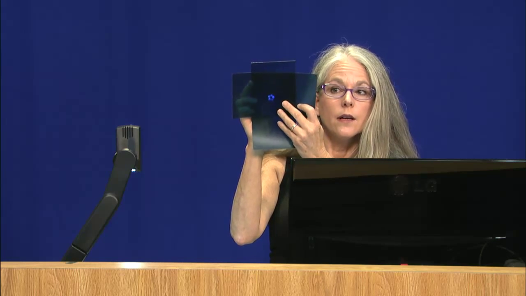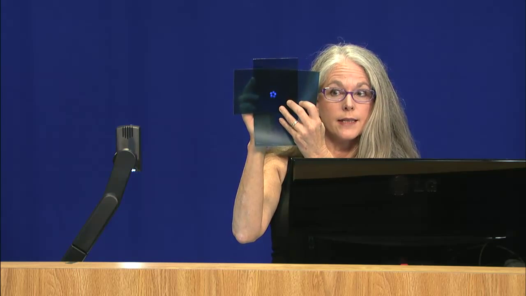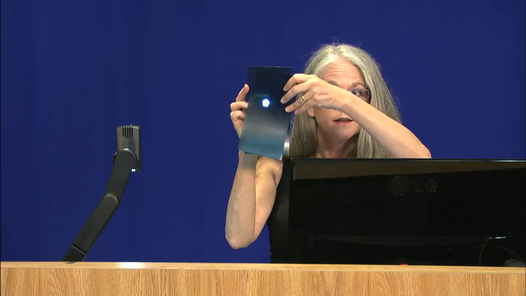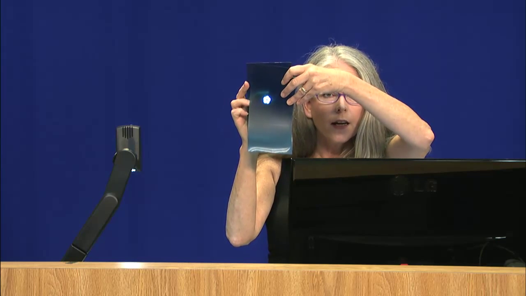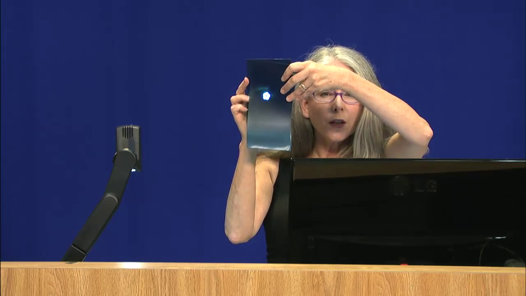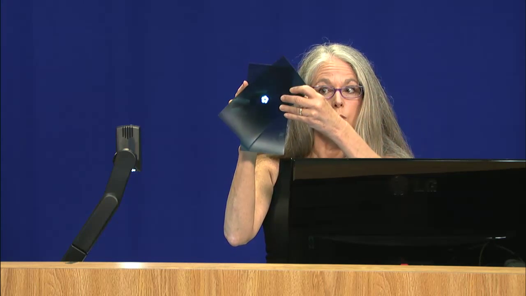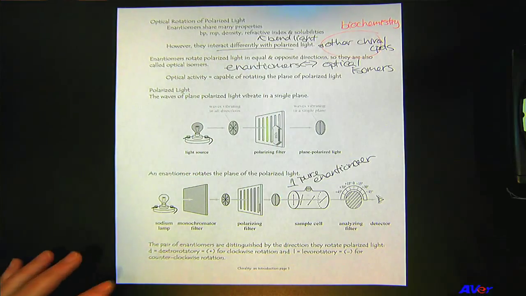Notice how the light goes away, because now they're at 90 degrees to each other, right? And then if I rotate back, the light appears, okay? So this filter is showing you what an enantiomer would do, this rotating type of thing. Alrighty. Okay, so not a huge emphasis in the course, but something we're going to build on.